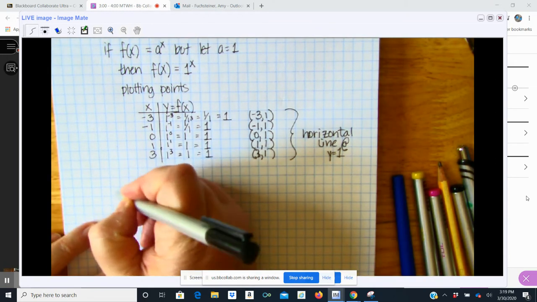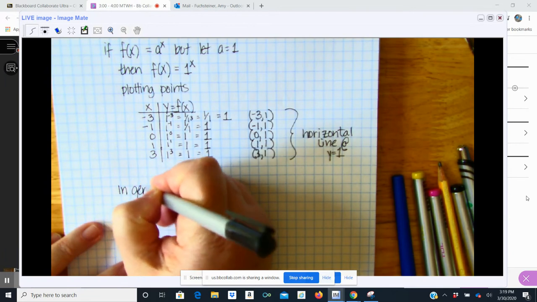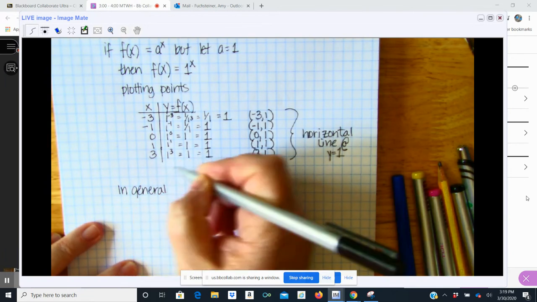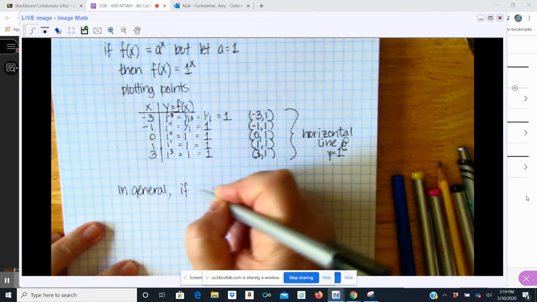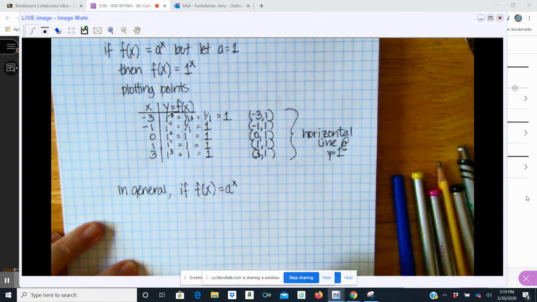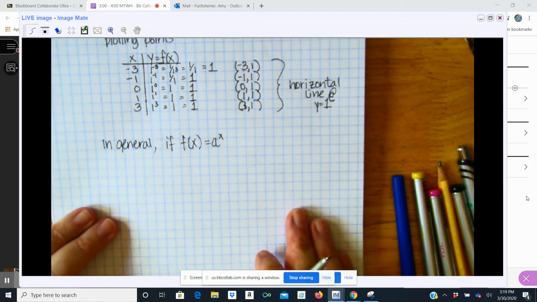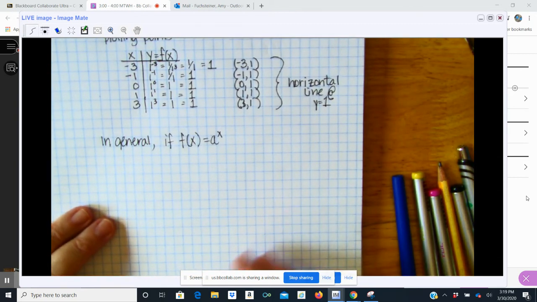Okay. Now, let's look at some generals. In general, if f of x is equal to a to the x, this is what I use all the time when I'm doing these.